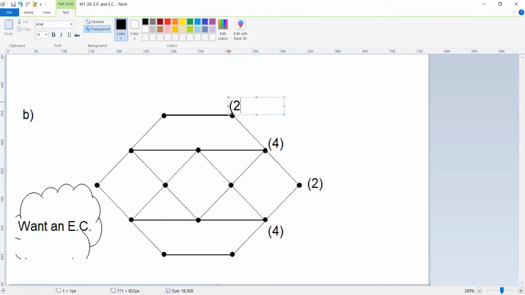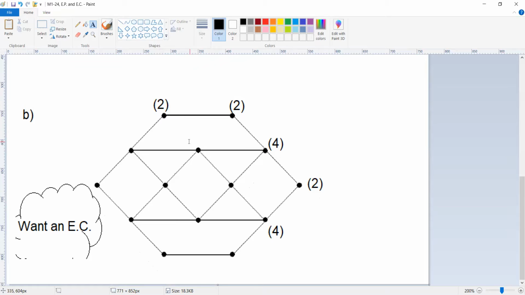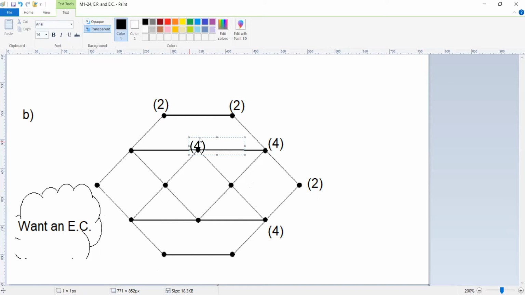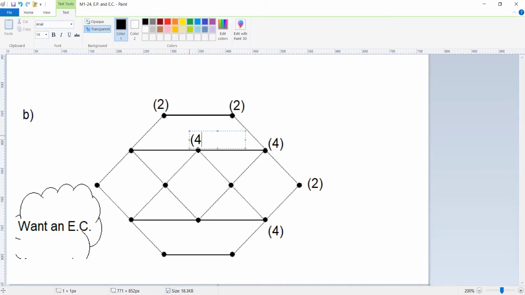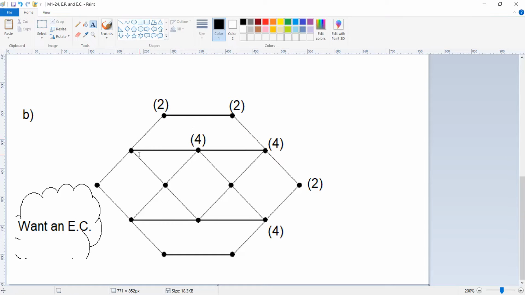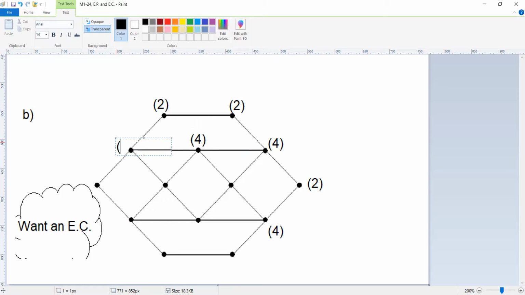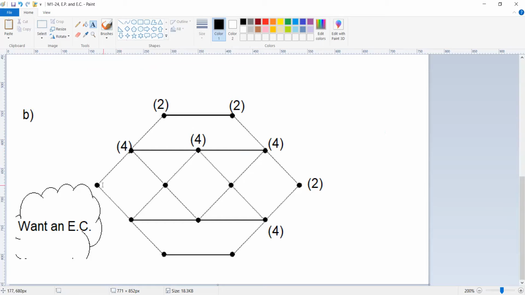And 2. Degree 1, 2, 3, 4. And it's degree 4. This corner is degree 2.